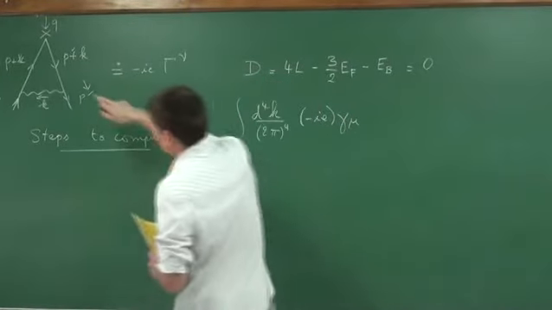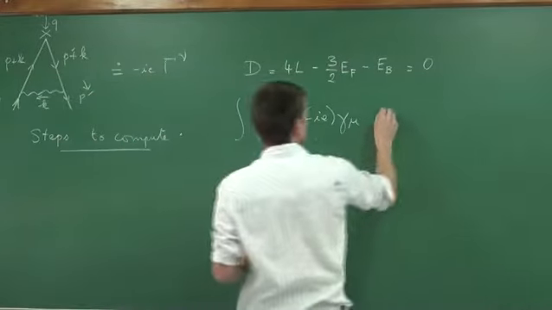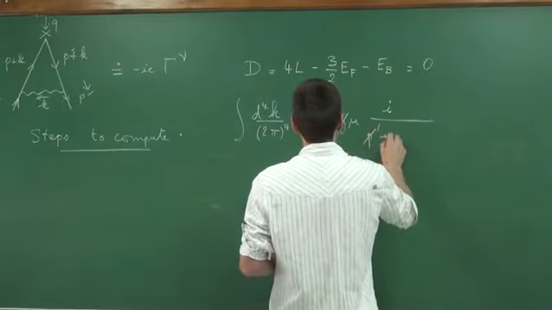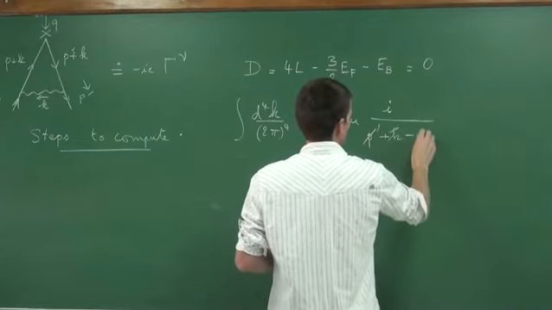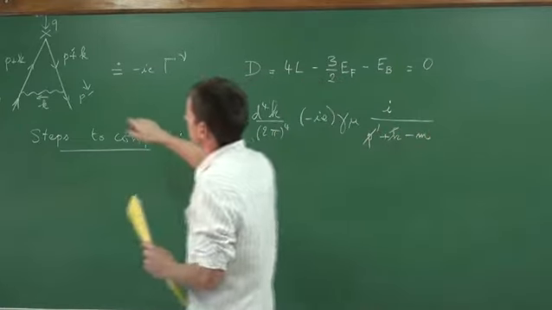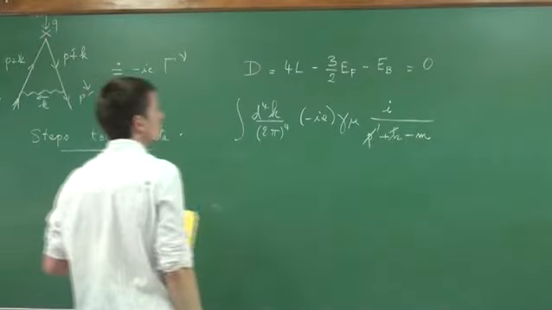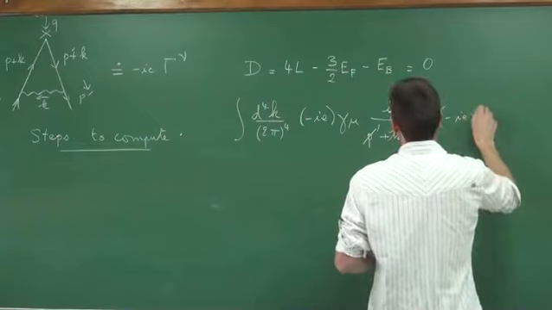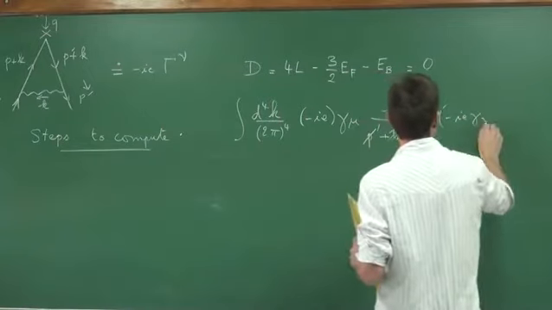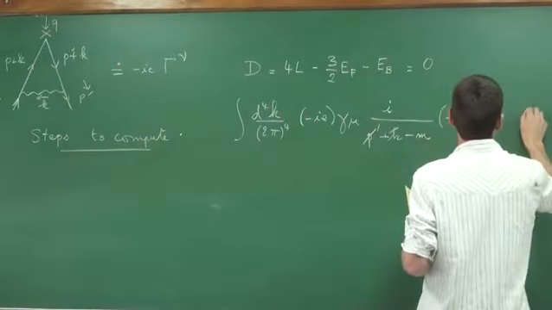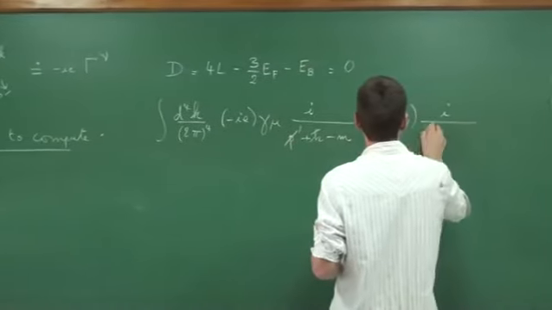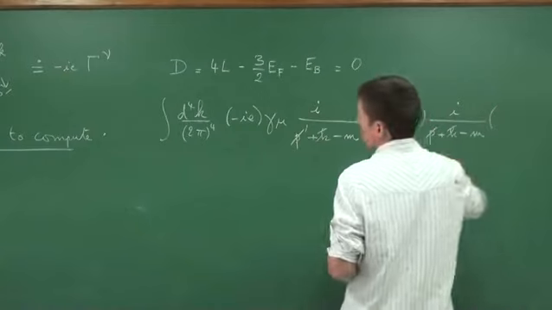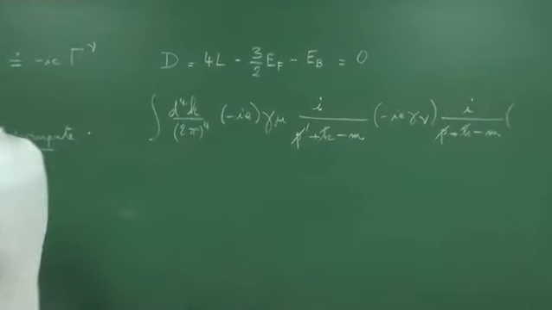Then you have the propagator. Okay, then another vertex. Another vertex. Here, new. Another propagator. This one. Then the last vertex.